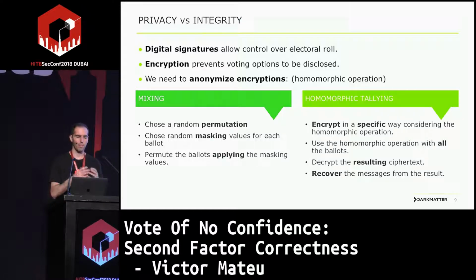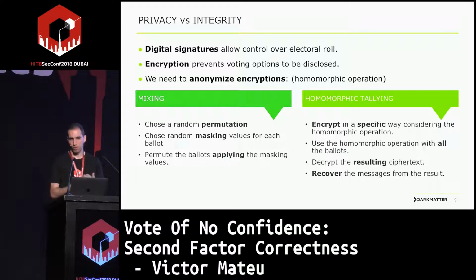Many crypto systems don't allow re-encryption, but with a homomorphic operation, what we can do is from one valid ciphertext encrypting a message, we can obtain another valid ciphertext encrypting exactly the same message. This is very useful in this case because it allows us to generate a new set of ciphertexts which have no relation with the original ones, and with the permutation applied previously, you know that no one can relate them as long as you keep the permutation secret.